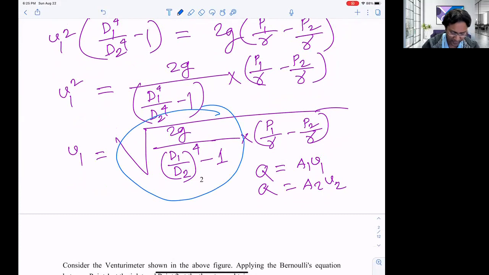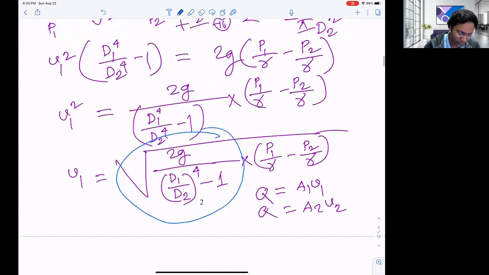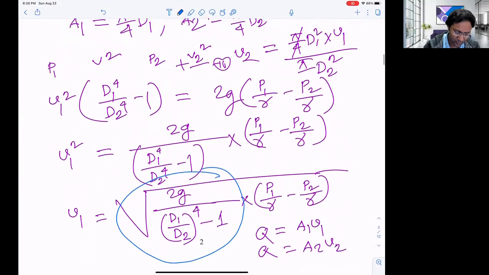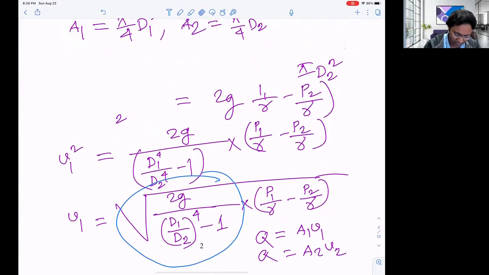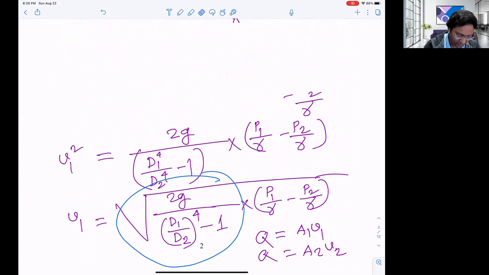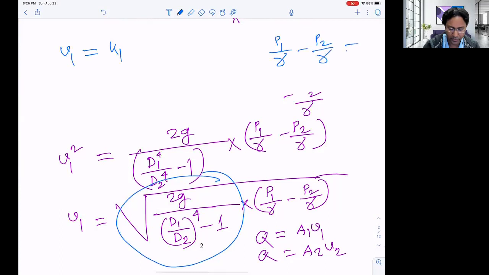We can replace this value as K, right? So how can we do that? I'm writing V1. So V1 is equal to K, I'm calling it K1, and I can replace P1 over gamma minus P2 over gamma with H, because that is the pressure differential.